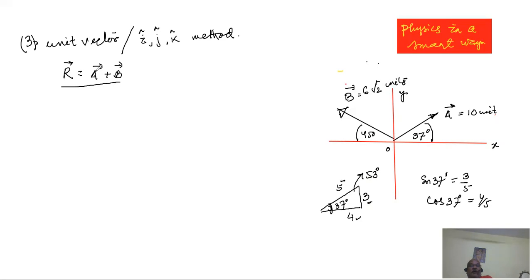Symbolically we write like this, but if you put in the vector values, vector A 10 and vector B 6 root 2, that equation will be horribly wrong, because vectors are to be added vectorially. They are not to be added like scalars, and that job is slightly difficult compared to the addition of scalars of the same type. I have a length of 3 meters and another length of 2 meters. Adding them, we straight away say 3 plus 2 equals 5 meters. But vectors cannot be added like this.